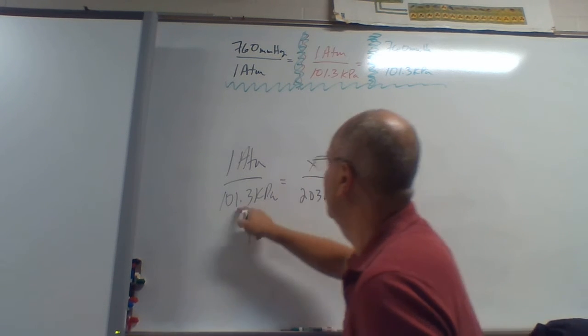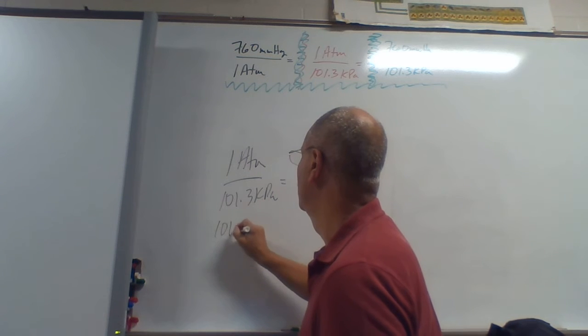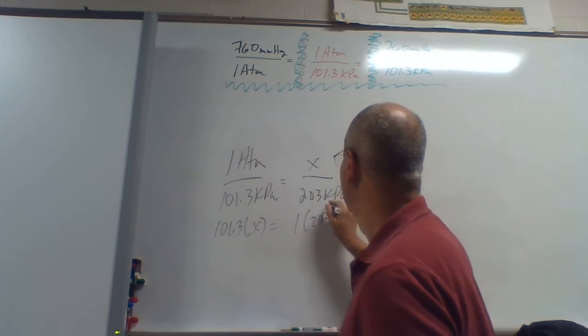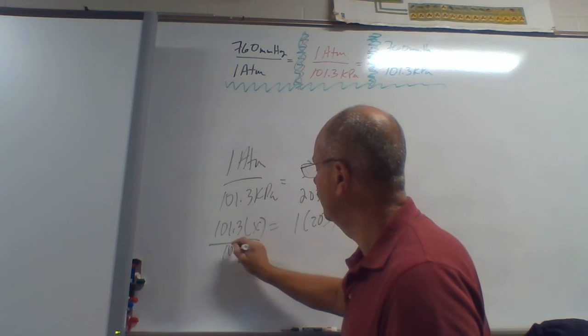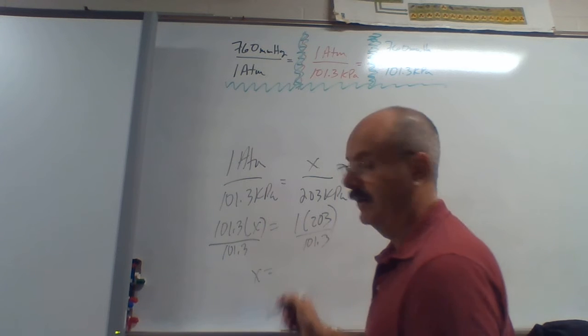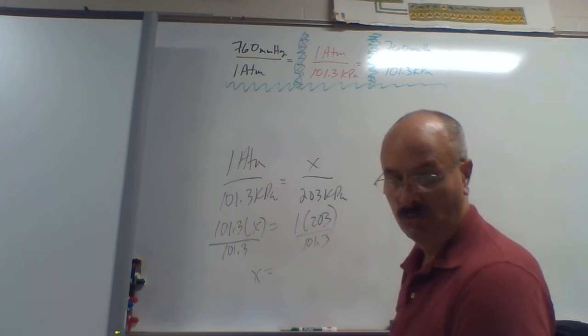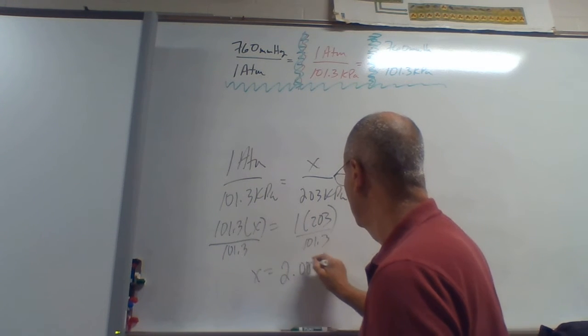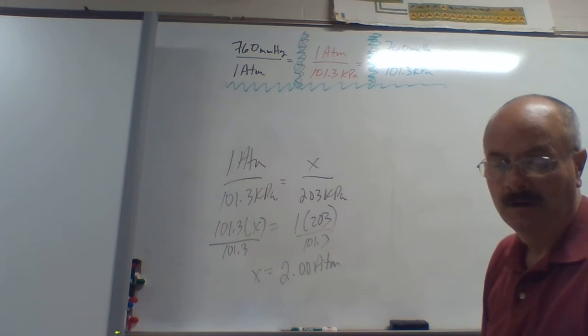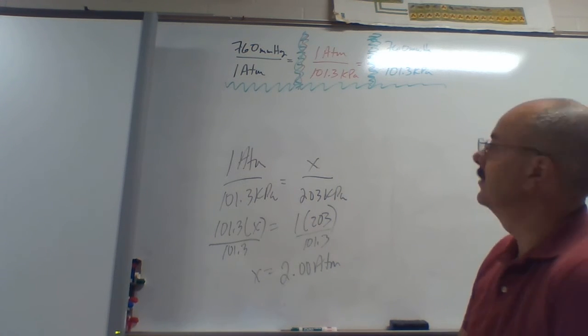So now we're going to go X times 101.3 equals 1 times 203. Now you get X by itself, so divide by the 101.3 on both sides. And X ends up equaling 2. So it's 2 atmospheres.